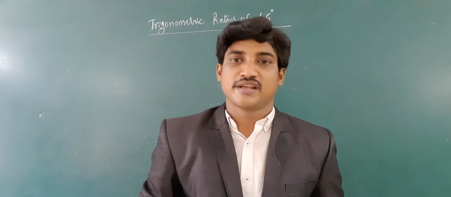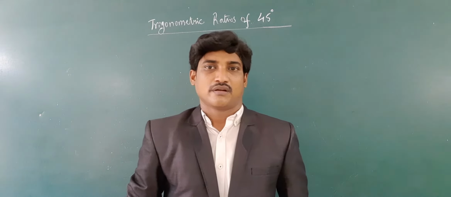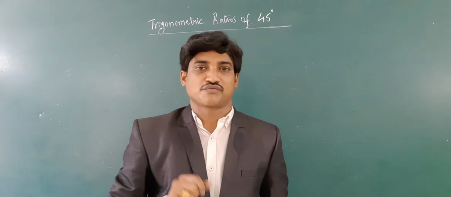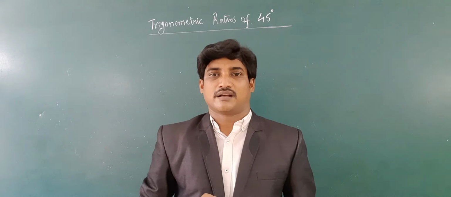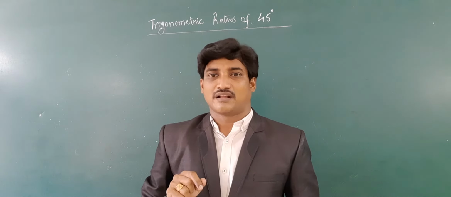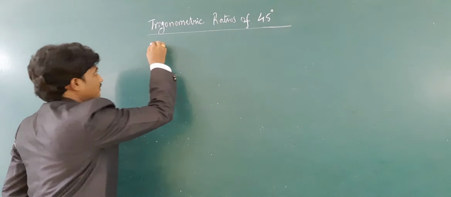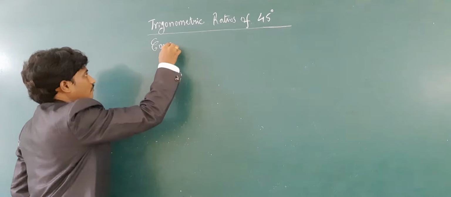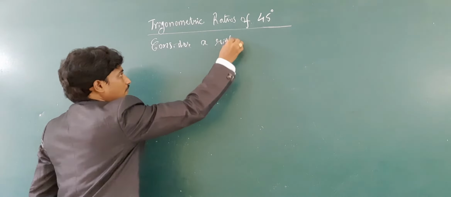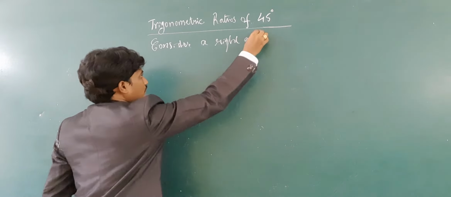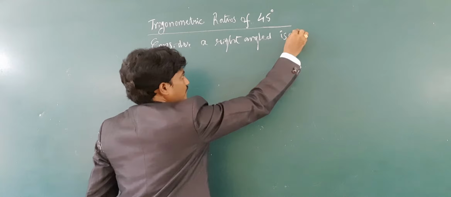Now let us find the trigonometric ratios of 45 degree. To find the trigonometric ratios of 45 degree, I am going to consider a right angle isosceles triangle.